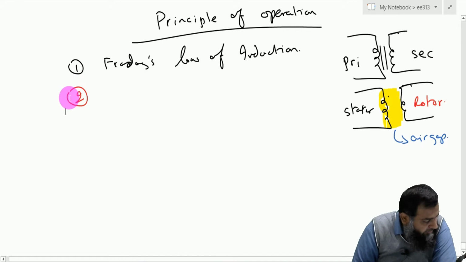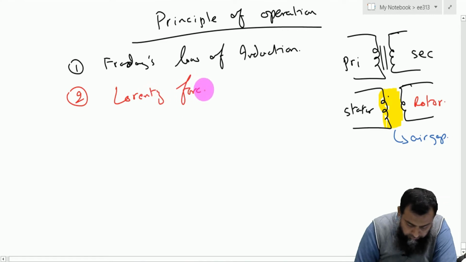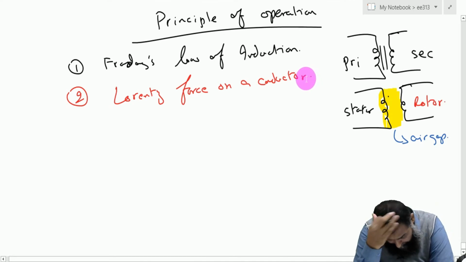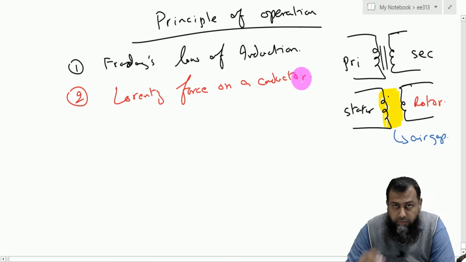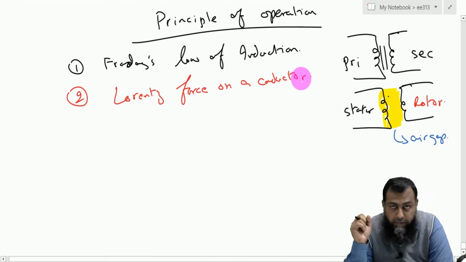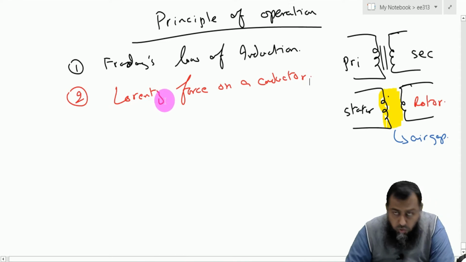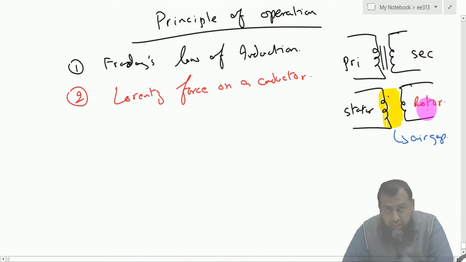The second thing which comes here is Lenz's law, or the Lorentz force on a conductor. Now the problem here is that since we have a stator and a rotor assembly with the air gap between them, how do we apply this Faraday law of induction onto an electrical machine which has an air gap between the stator and the rotor winding?